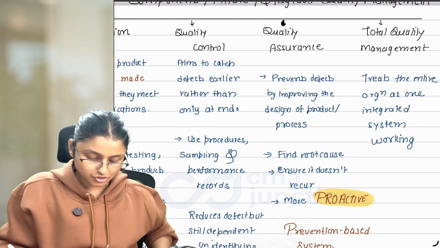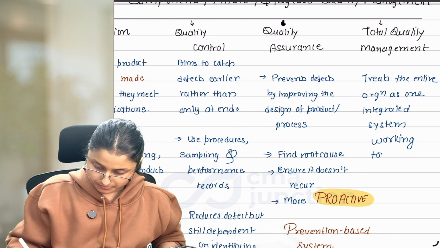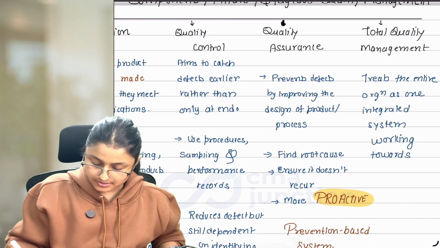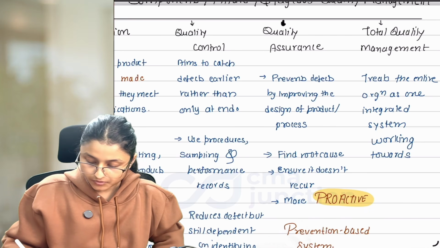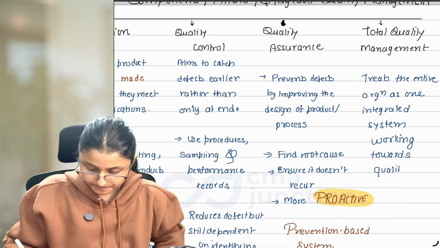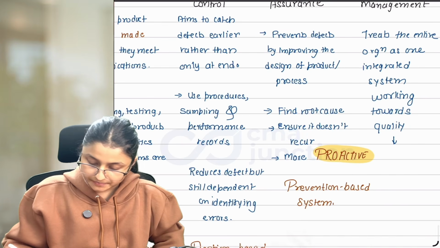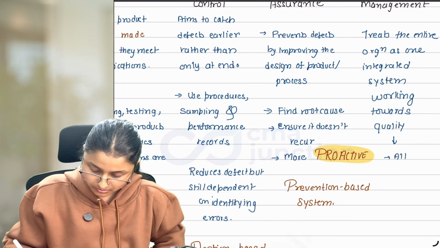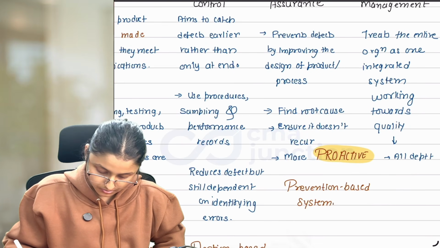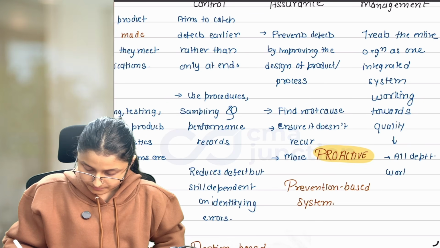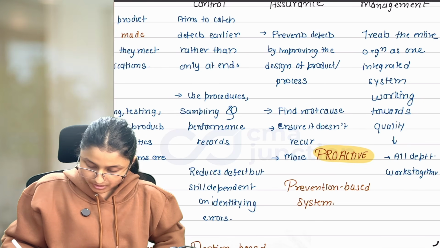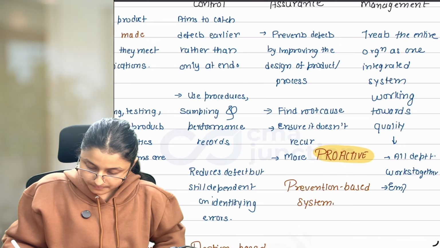Everyone in the organization should work on quality. All departments will work together. Employees are involved.